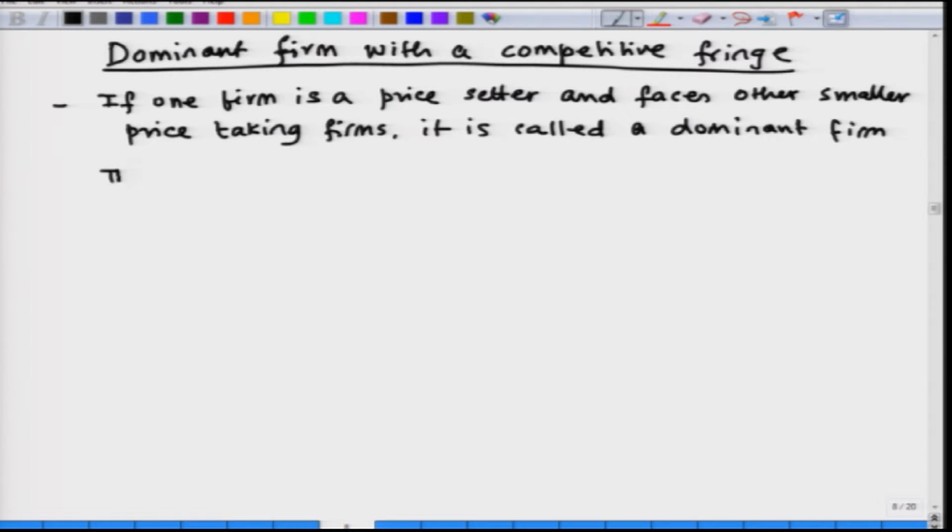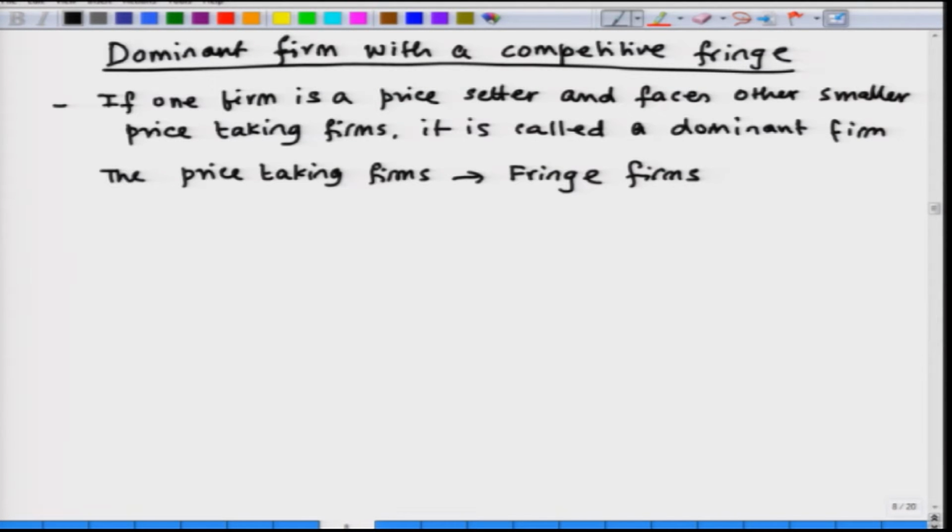The smaller price taking firms are called the fringe firms.